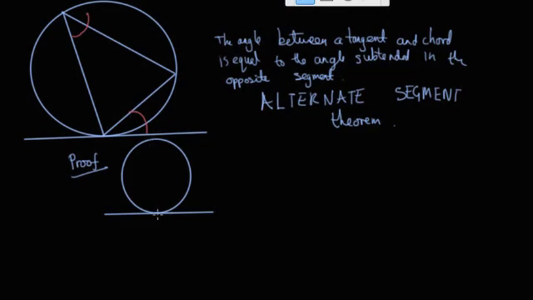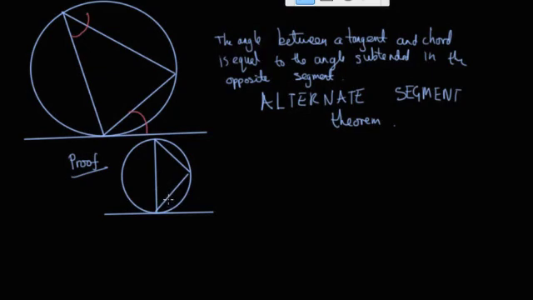So we're looking at the special case where the tangent meets at the diameter. So here's the diameter. So that is at 90 degrees to that. And then we're going to have our chord here.